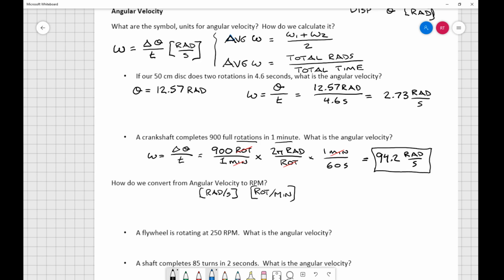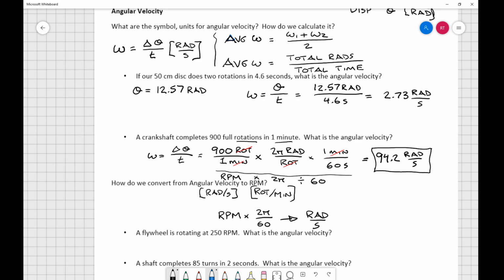If we look at what we did up here, we took our RPM times 2 pi divided by 60, which gives us an answer in radians per second.